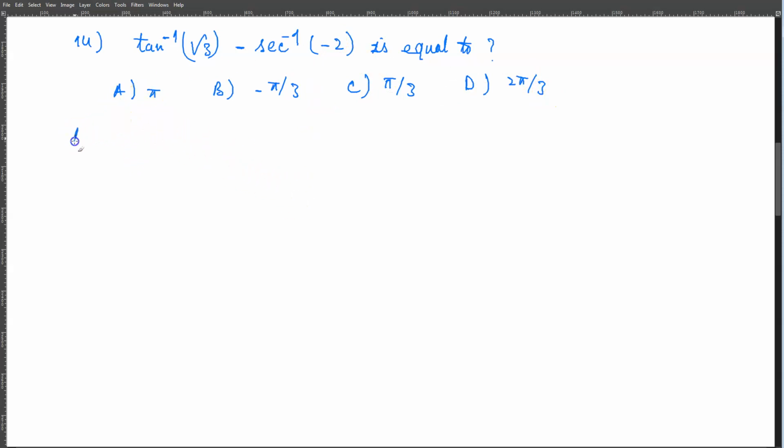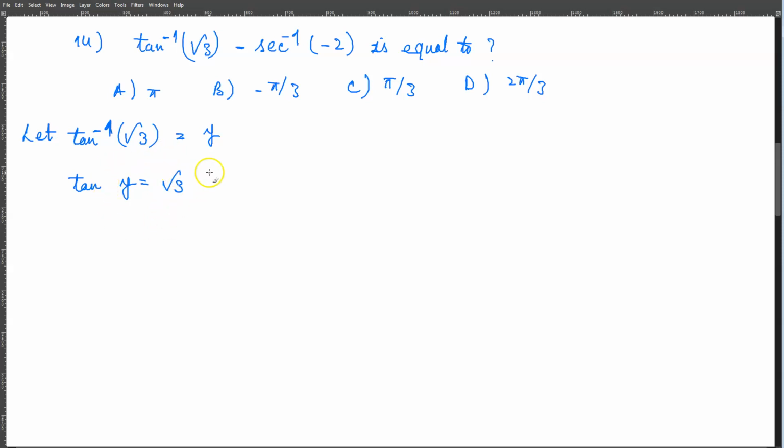So we can begin with tan inverse of square root of 3. If I let this be equal to y, that means that tan of y is equal to square root of 3.